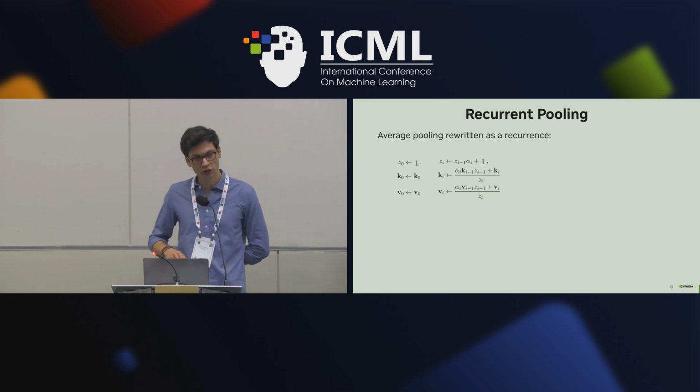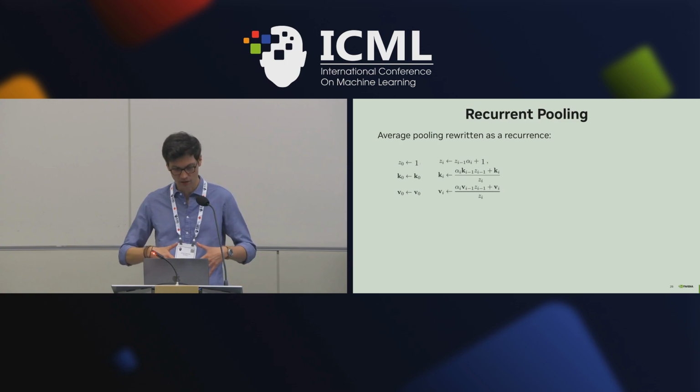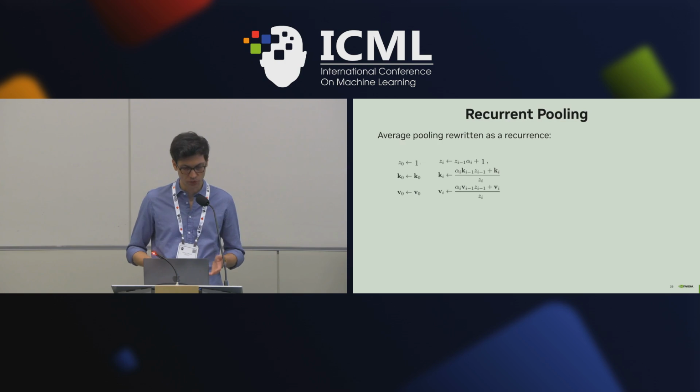Now, in order to apply that to a generation regime, we took the average pooling that is similar to GPT and kind of rewrote it in a recurrent form. So those equations might not look that clear, but if you try to untangle them, z is like the normalizing constant when you try to average a couple of things. It's just the count.